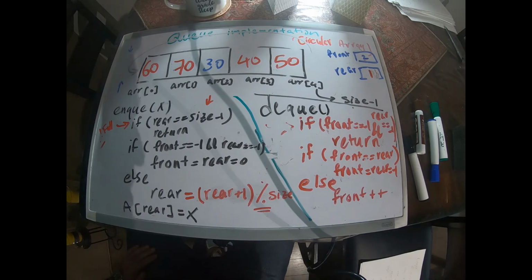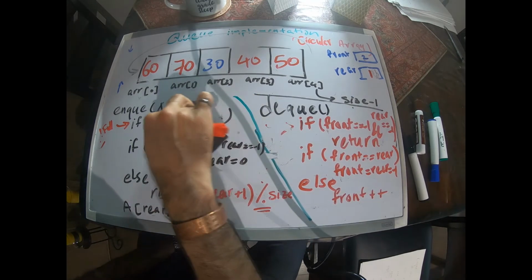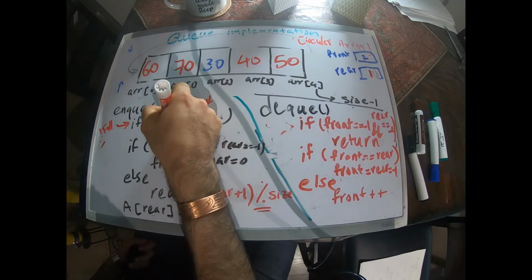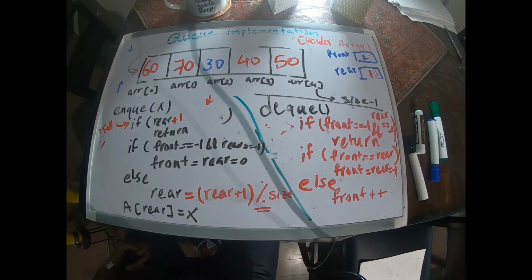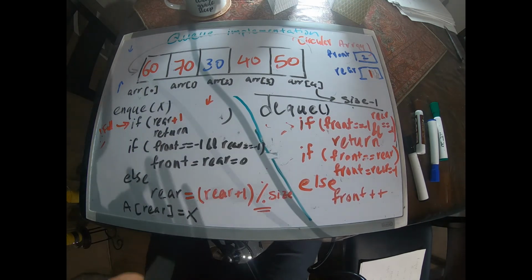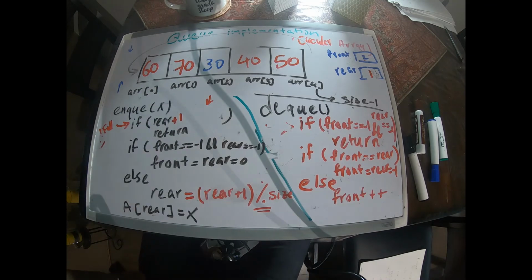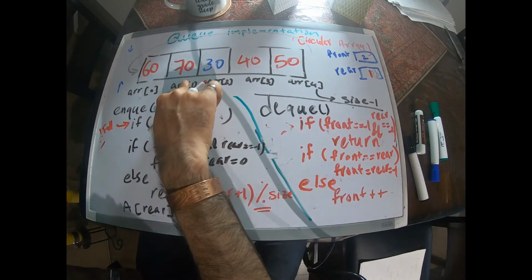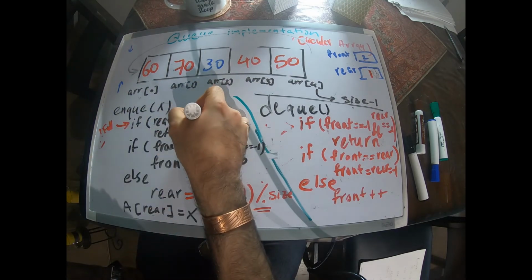Okay, how can I make this correct? I can make it correct by saying that if rear plus 1, if you look at it, again, I'm going to do it step by step. This is not going to be the correct condition. In this case, you can see that rear is going to be 1 before the front.